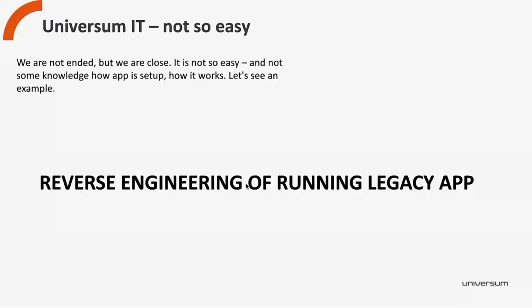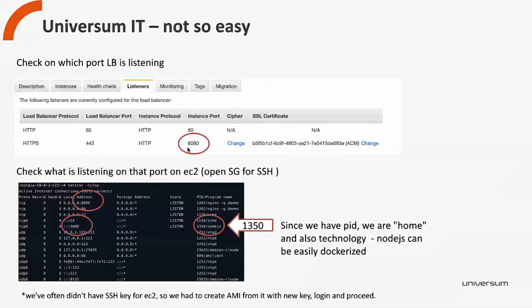For example, we can go to AWS, check which port the application is using, and then check on the server which port is listening, and then take the process PID, basically process ID. But we often didn't have the SSH key for the old EC2, so we just created an AMI from it and recreated it with a new key. This is a fun trick if you ever lose SSH.